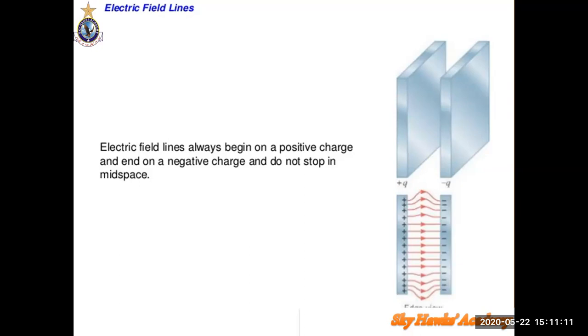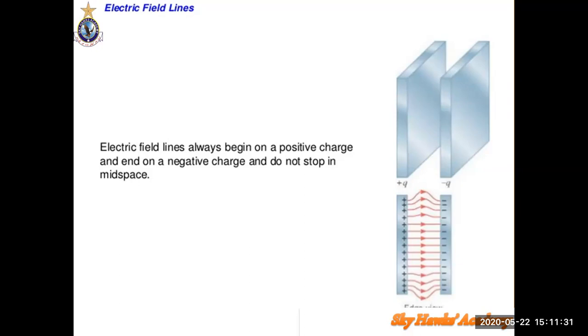So the charge will move from positive to negative, and they are moving in lines. The arrows in the direction are telling the whole story. So that's why they are not interrupted by anything. They will ultimately reach their destination, and this is the negatively charged plate.